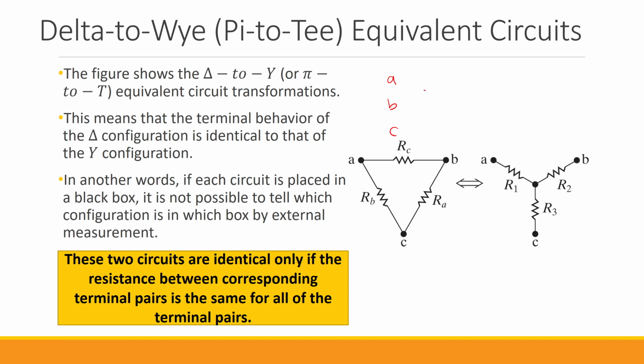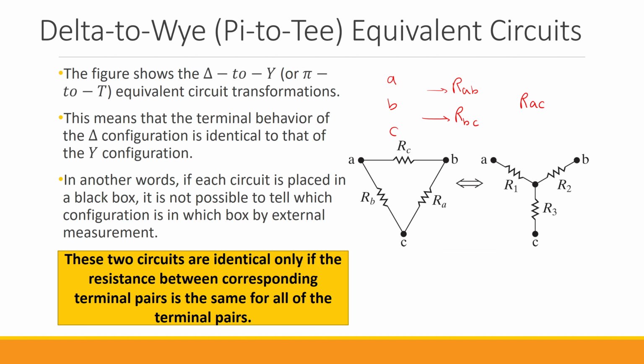So what is the resistance between terminal A and B? I call it RAB. Or what is the resistance between terminal B and C? I call it RBC. Or what is the resistance between terminal A and C? I call it RAC.